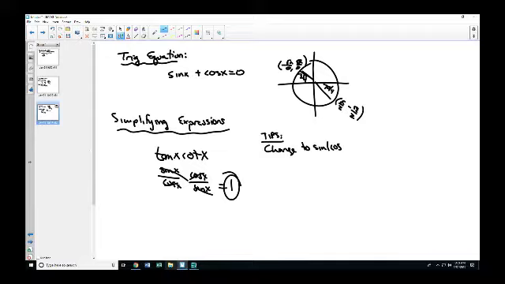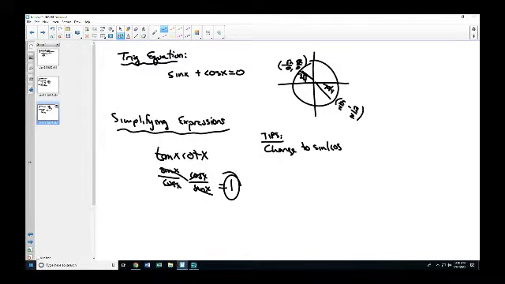How do we use that at the top then? These are going to get a lot more complicated, so you have to do stuff like this in order to solve them. You're going to get much more robust equations that you have to simplify the trigonometry before you can get to this point.